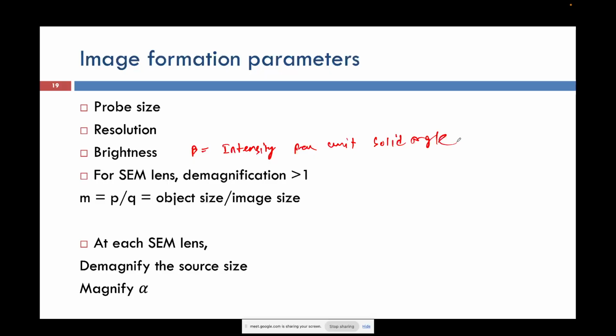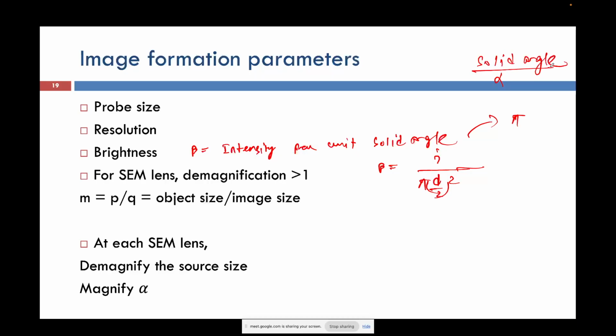This brightness is given by, I am talking about current I, so this intensity is current per area, that means the flux. So I am talking about area, let's say (d/2)², and the unit solid angle, let's say the solid angle is alpha.